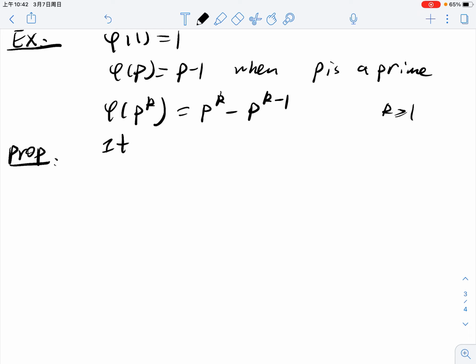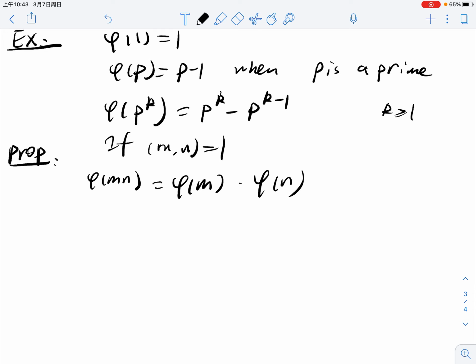So this is one of its forms: when m and n are coprime, or relatively prime, in other words, they don't have any common factor greater than 1, then the Euler function of mn equals the Euler function of m times the Euler function of n.